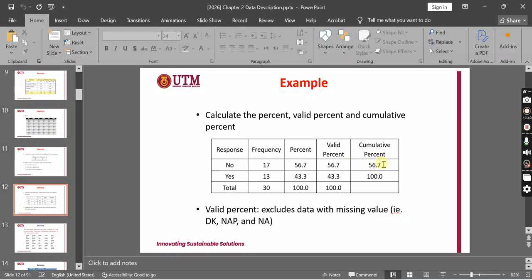After that, this number, 56.7, plus the next percent, which is 43.3, equals 100. The last number of the cumulative percent will always be equal to 100, for your double check.